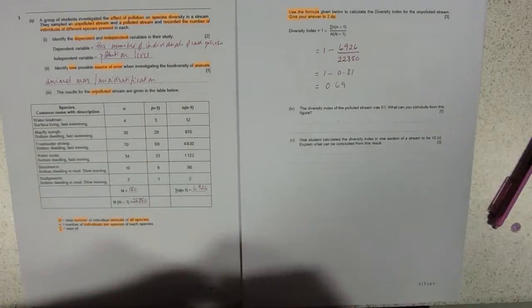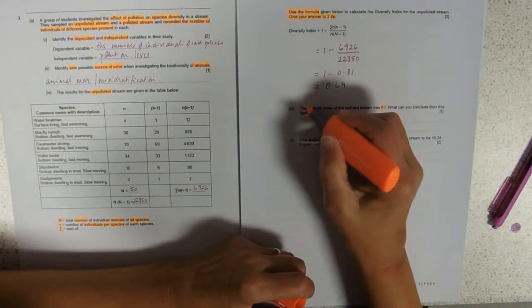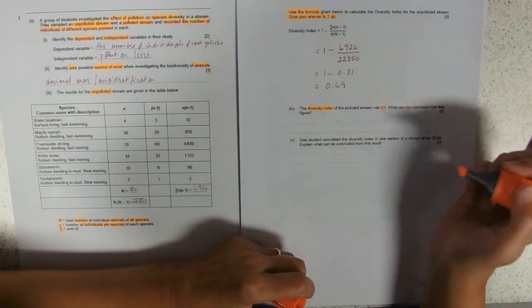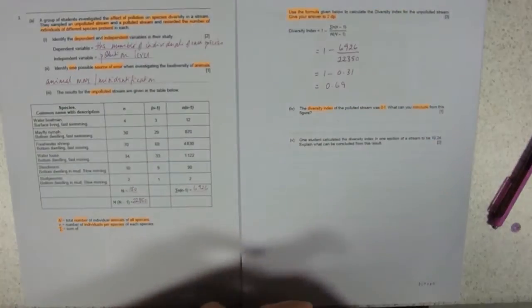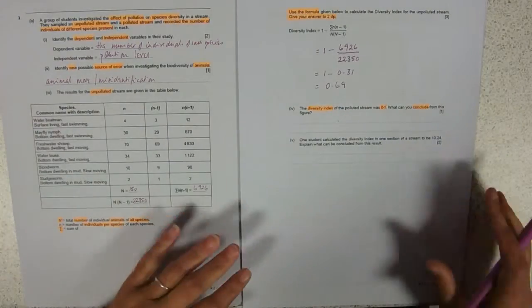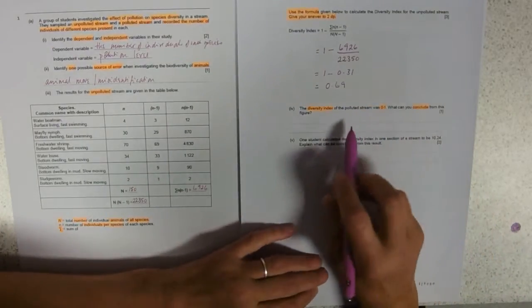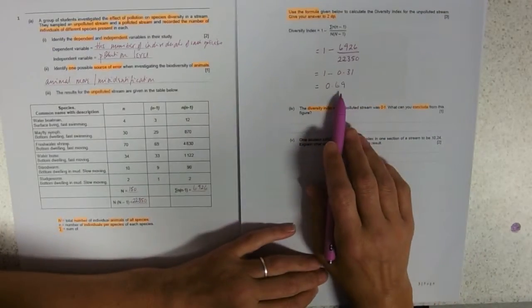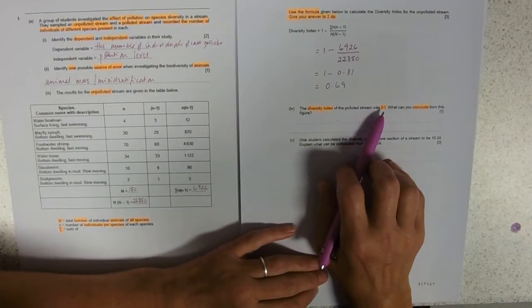So, diversity index of the polluted stream was 0.1. What can you conclude from this figure? This is a bit of an AO2, isn't it? Making a conclusion, analysing some data, what you do with the numbers. So what can we conclude from that? The polluted stream's 0.1.